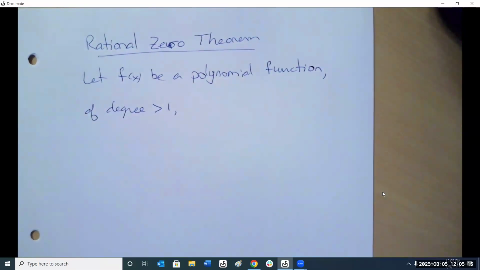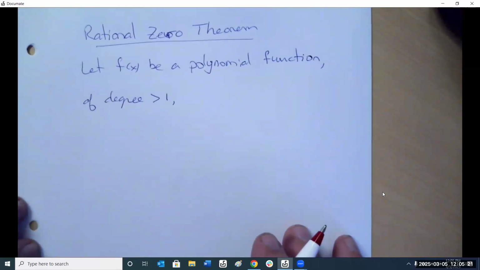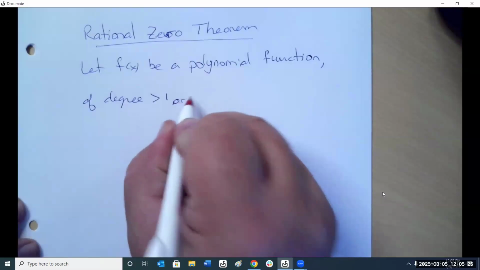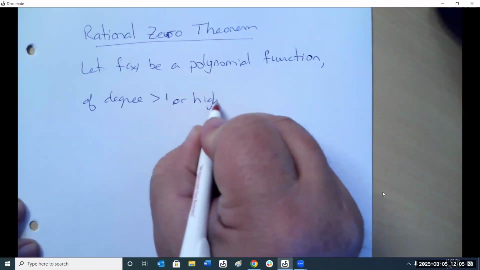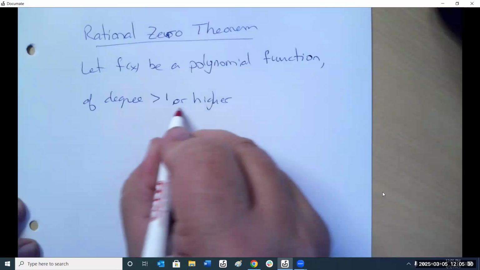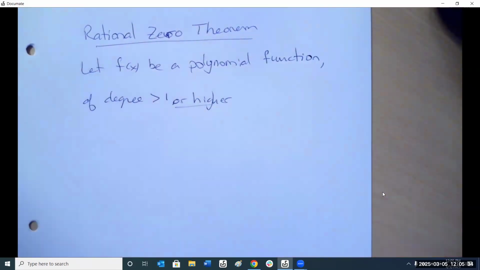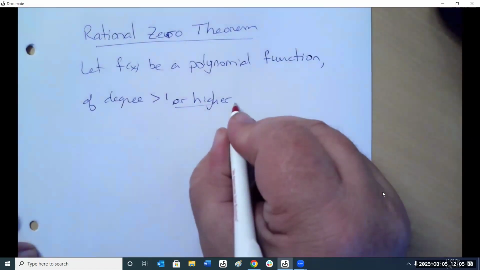Because if it's equal to 1, then there's nothing to do. It's a linear equation, it only has 1 solution. If it's equal to 1, that's a no-brainer. We're done. It's a linear equation, set it equal to 0, and you're done.